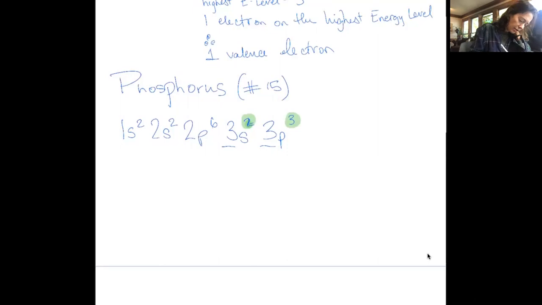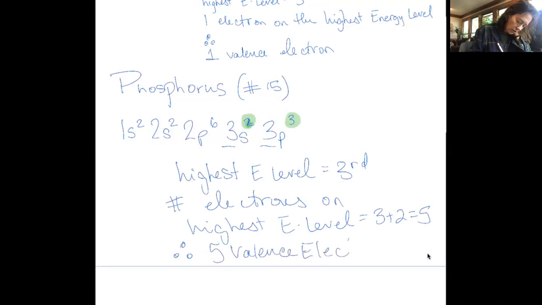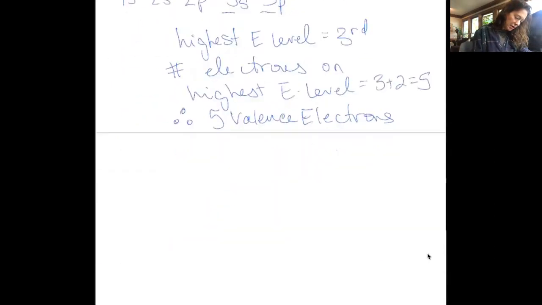So my highest energy level is the third. The number of electrons on the highest energy level equals 3 plus 2 equals 5. Therefore, I have 5 valence electrons. There you go.